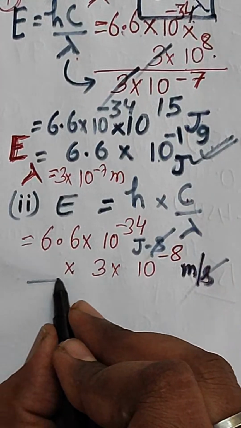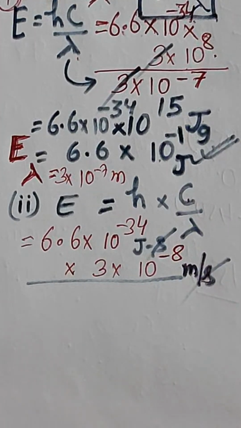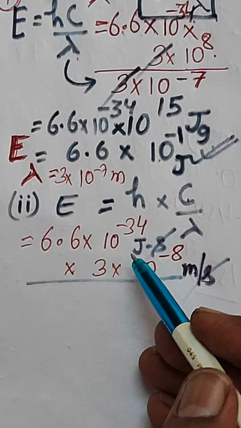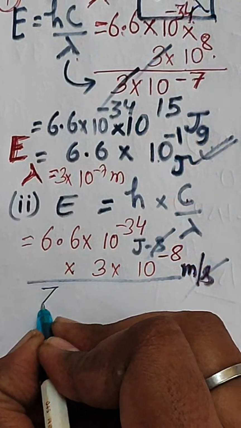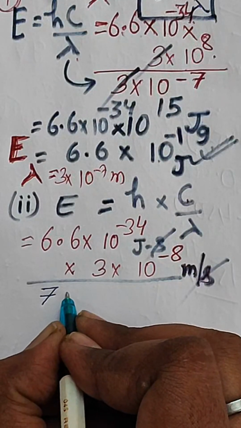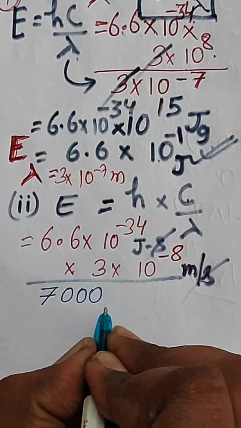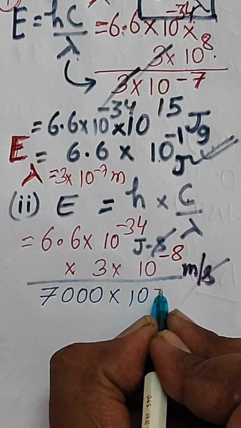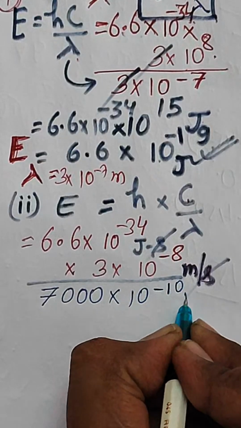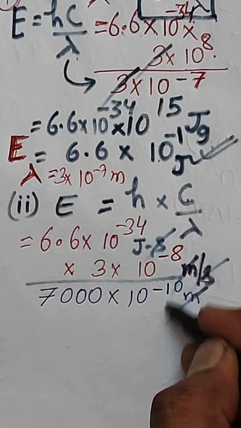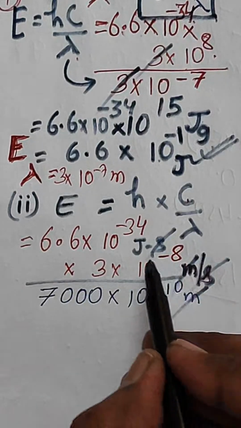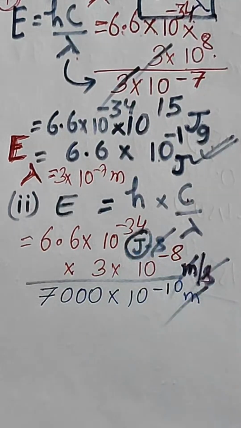Divided by lambda. What is the value of lambda? Lambda is nothing but, as you have already seen, 7000 angstrom, which can be written as 7000 into 10 power minus 10 meter. Here also this meter and this meter will be cancelled out, and we are left with only joule, so the unit will be in joule.